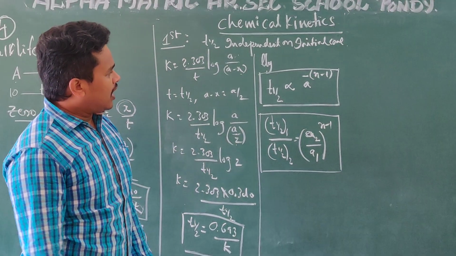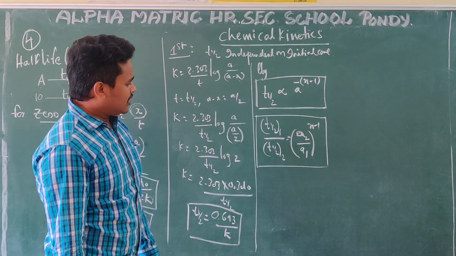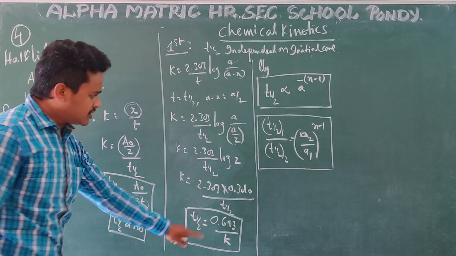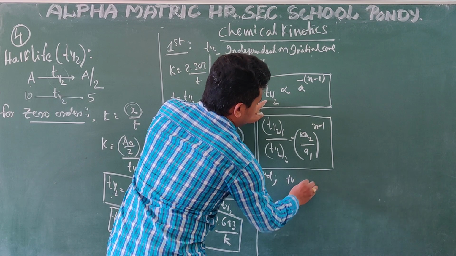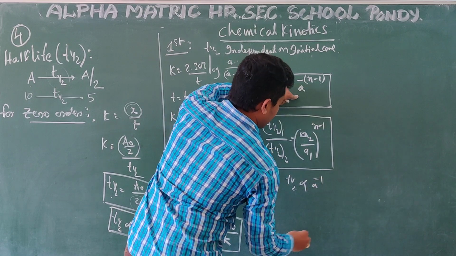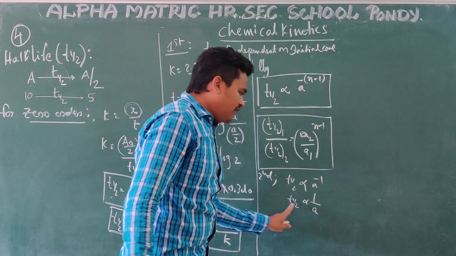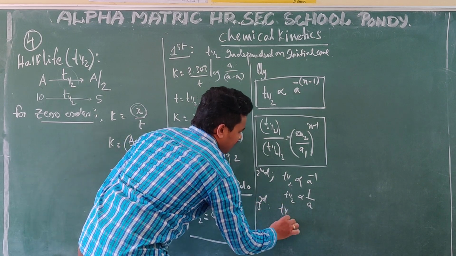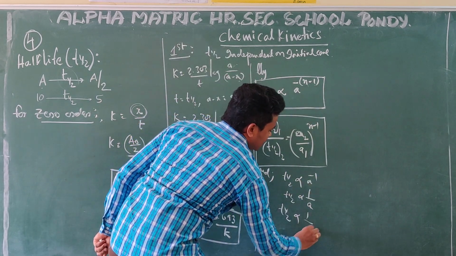Now based on that, what graphs can you write? For zero order, T half is directly proportional to A. For second order, 2 minus 1 is 1, so A power minus 1: T half is directly proportional to 1 by A. That means T half is inversely proportional to initial concentration. For third order, T half is directly proportional to A power 3 minus 1, that is, A power minus 2, which means 1 by A square.